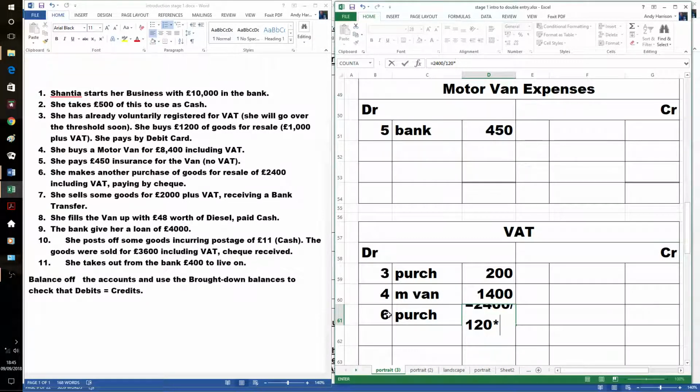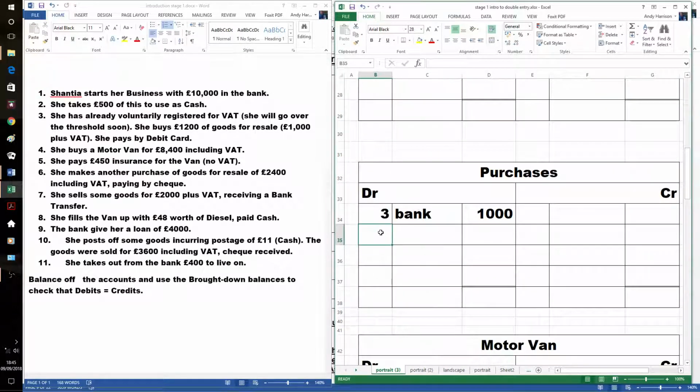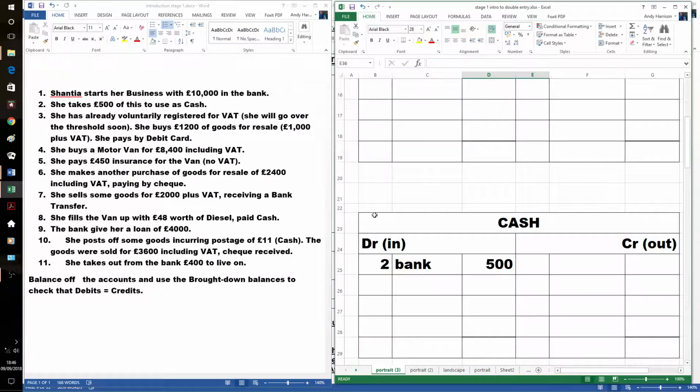Or actually 120 because it's 20% of that. So £400 VAT, that's a sixth of 2,400. So our purchases account will show this, number 6, 2,400 debit, 2,400 credit.